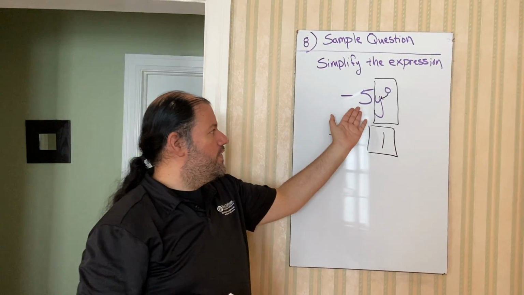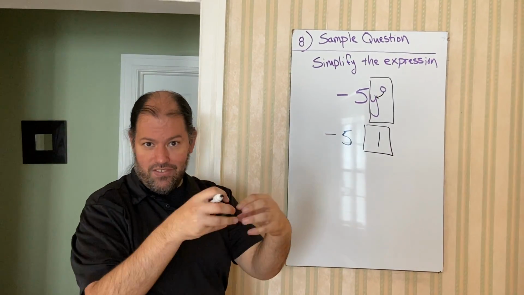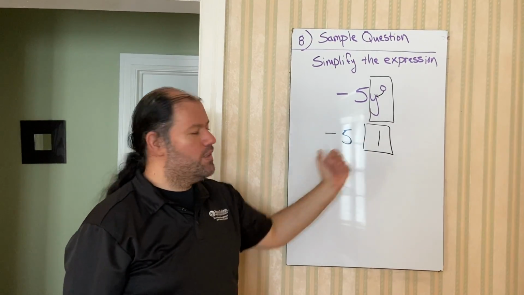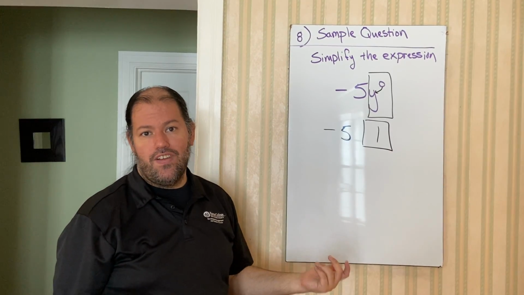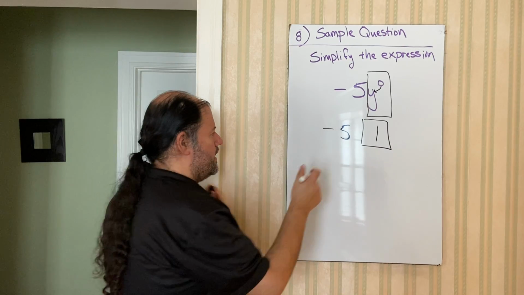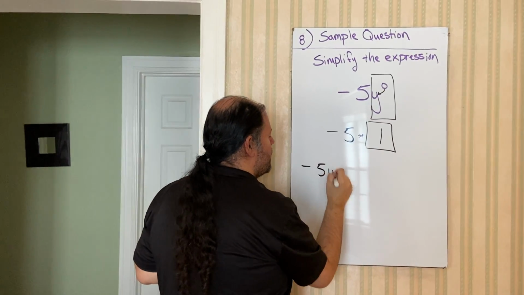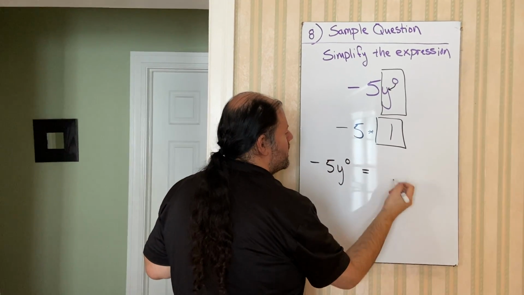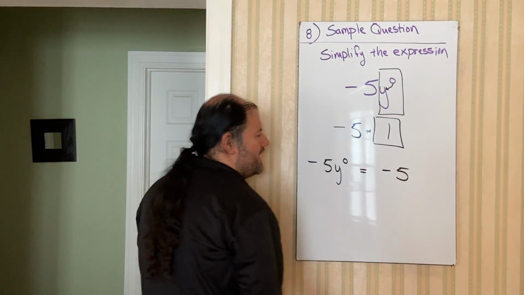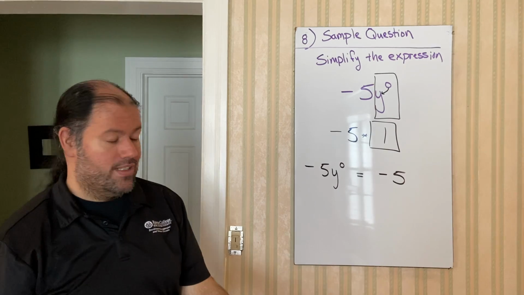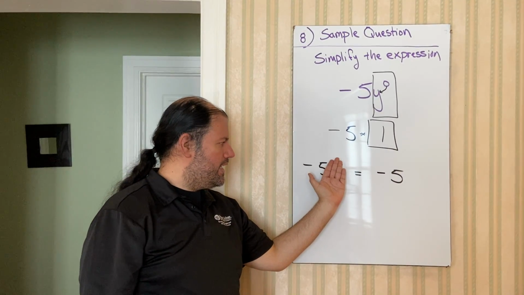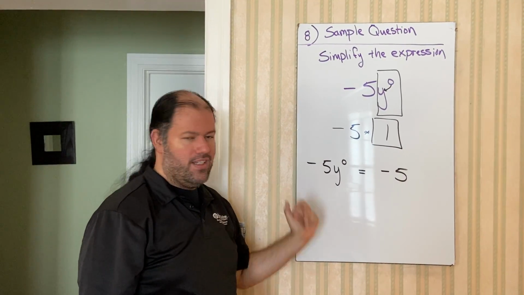And when you have a coefficient and a variable, the operation is multiplication. This is still multiplication. -5 times 1. Okay? So then our final answer, when you have -5y to the 0, in our case it's going to be just -5, not 1. Because only this piece became 1, but this is still there.